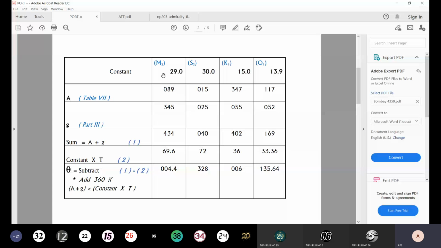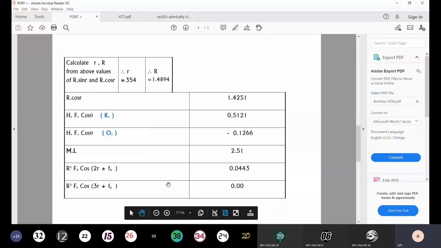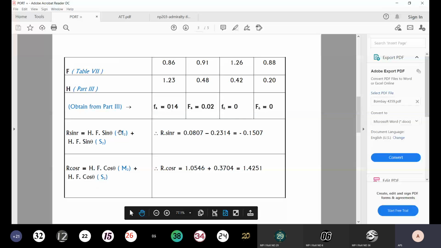Wherever it is written as M2 in bracket, that means the H, F, theta must come from the M2 column. It is just a remark attached that this particular HF sin theta will have the H value for M2, F value for M2, theta value for M2. Then add the H value for S2, F value for S2, theta value for S2.